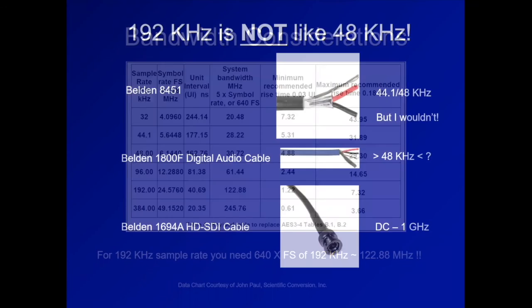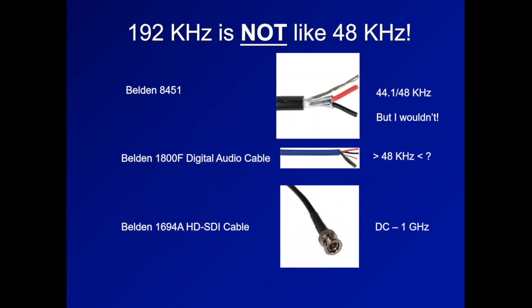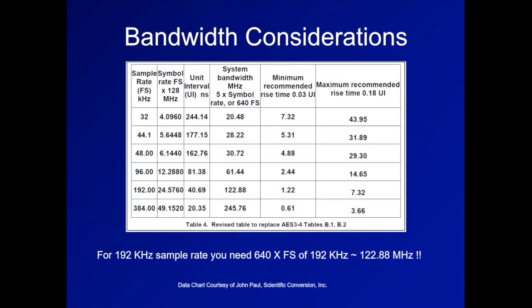This is basically just a chart that defines the bandwidth that you're going to need for certain sample rates and your unit interval. So if we look at this, 44.1 has a system bandwidth requirement of about 28 megahertz.